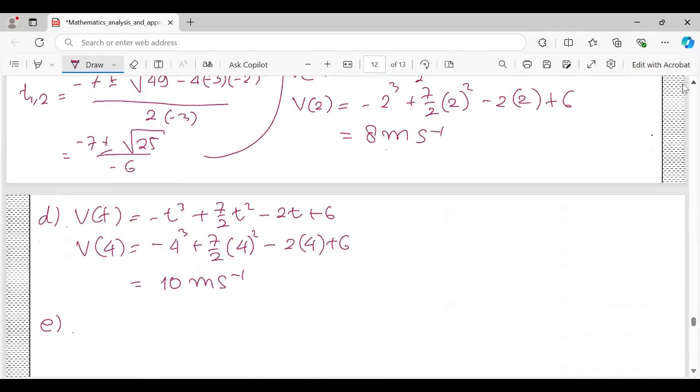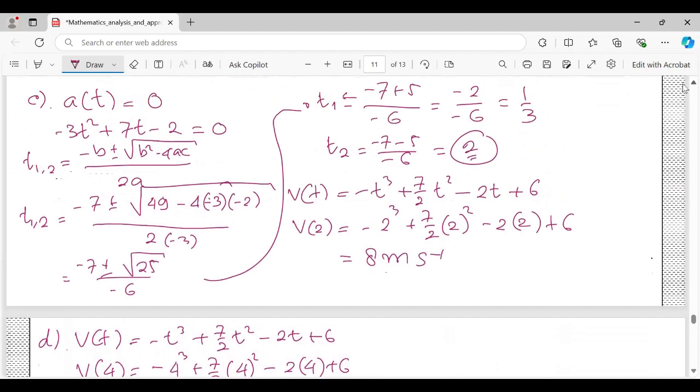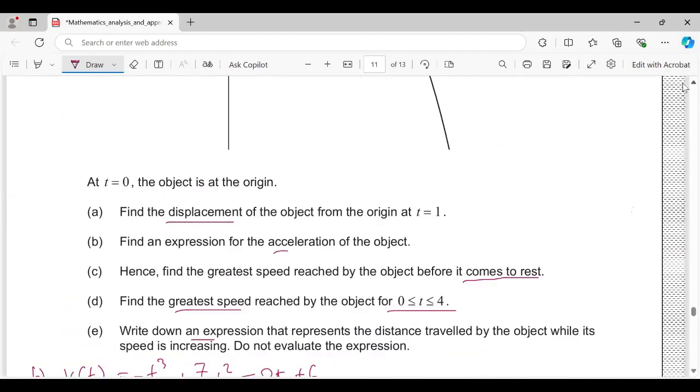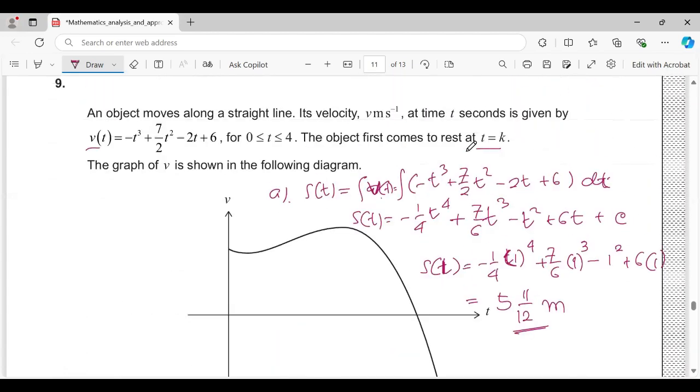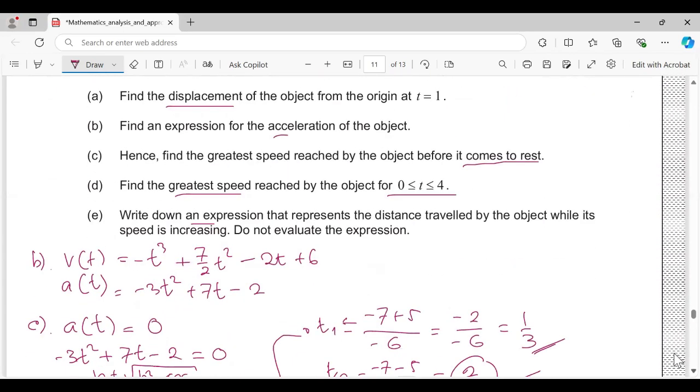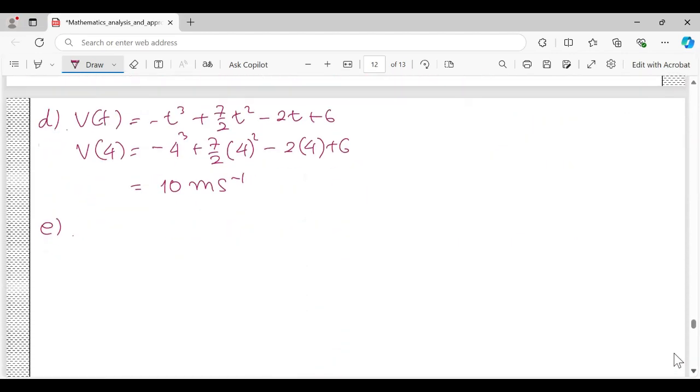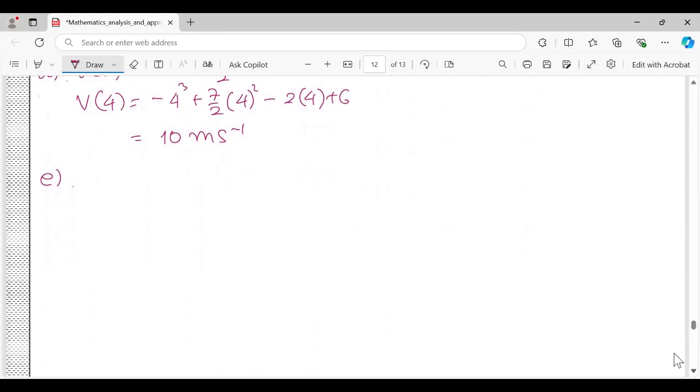From part C, we got t1 equals 1 over 3, and t2 equals 2, and as well t equals k, and then t equals the maximum, t equals 4.